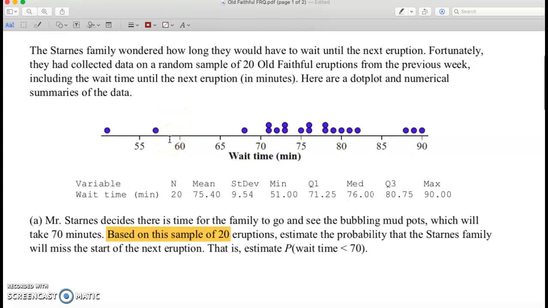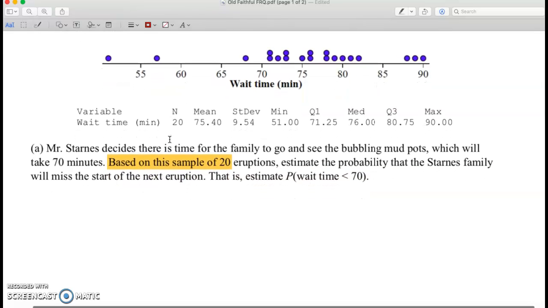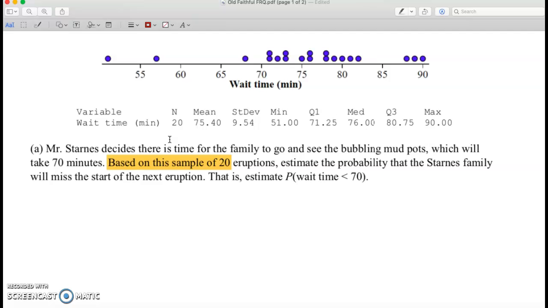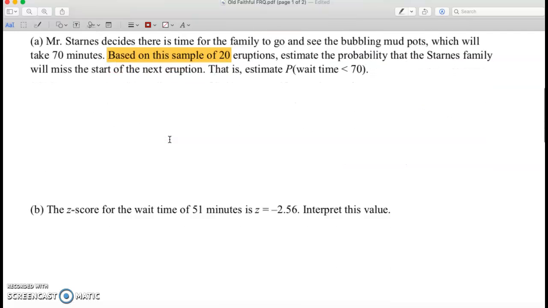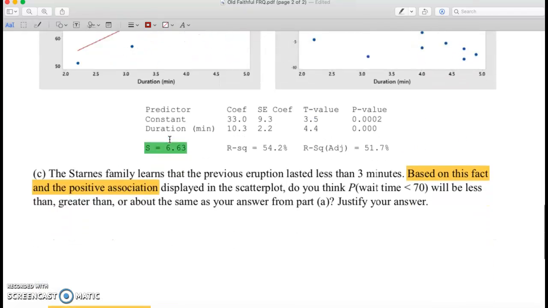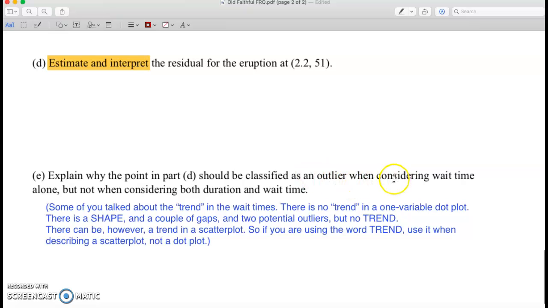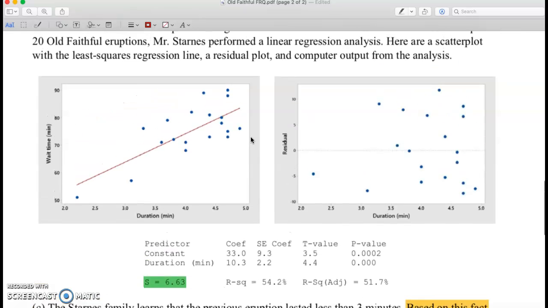So you can compute it just with arithmetic and actually prove that 51 is less than a distance of 1.5 IQRs from Q1. Or you can just say it's way far away from the bulk of the data. Either one would be a good explanation. But then when you get to considering both duration and wait time, well, now we got to look at the scatter plot.